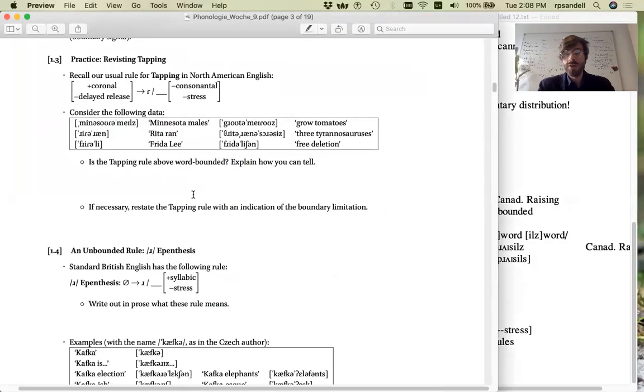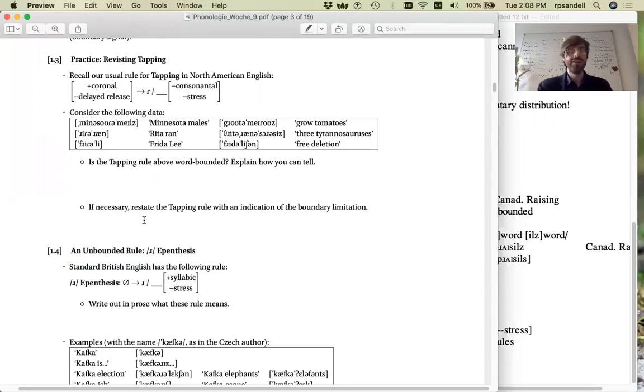We can now move to a different dialect of English, namely Standard British English, or received pronunciation, as it might be called, which knows another rule, which, as we'll see, turns out to be an interesting case of an unbounded rule. That is, the only thing that can break up this rule is a decided pause in speaking.